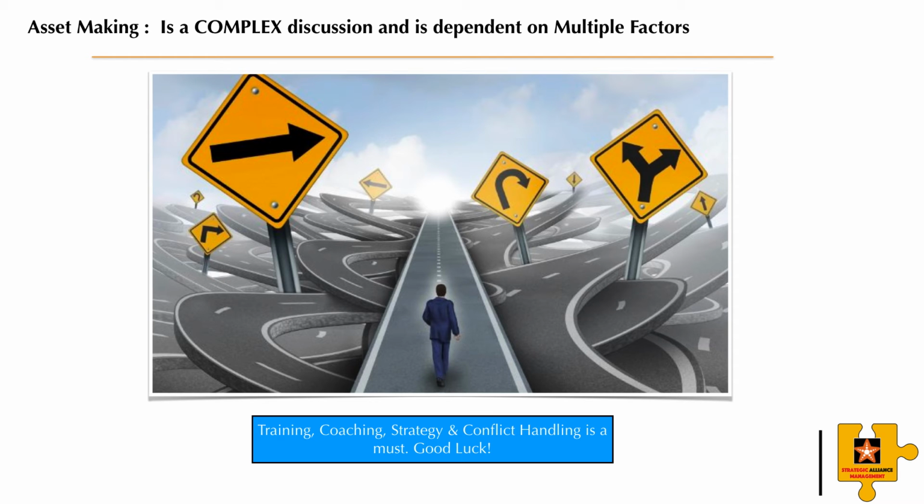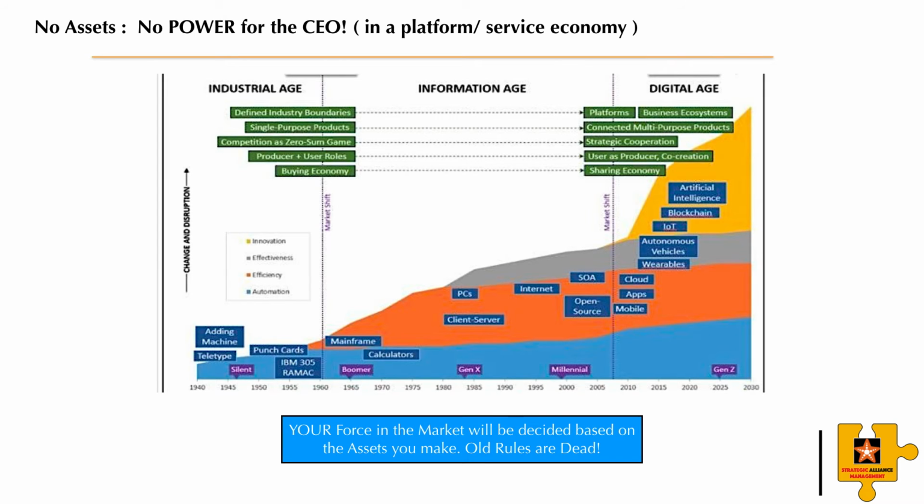It is complex because it's dependent on multiple factors. But the most important piece is if there are no assets, there's no power to the CEO, there's no leverage. And this is exactly the reason assets are the only tangible thing that can be created in the market to create leverage, and thus this leverage creates power.